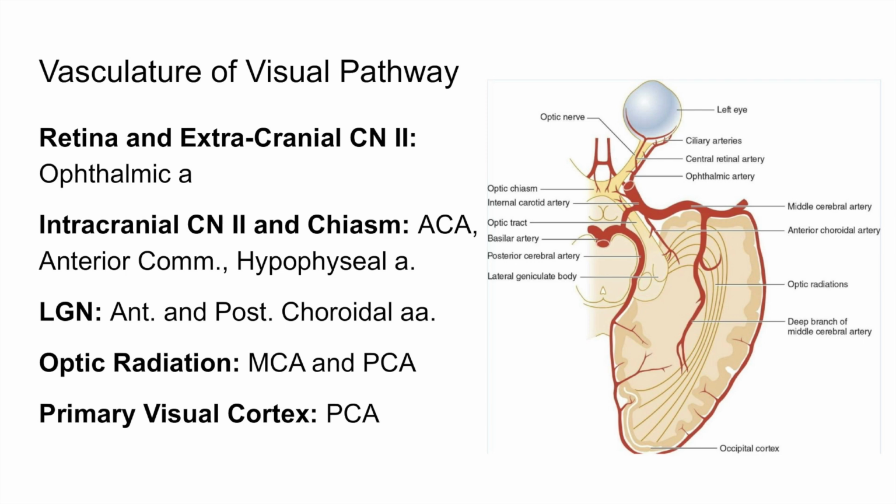So finally, the primary visual cortex, the occipital lobe, is supplied by the posterior cerebral artery, the PCA. A PCA stroke gives you a contralateral homonymous hemianopia. The classic twist here is macular sparing, okay? That's your buzzword here, okay? If you hear this, I want you to think PCA stroke.